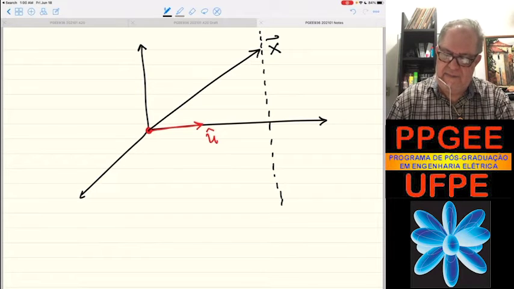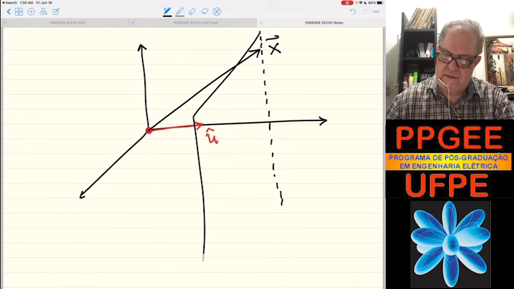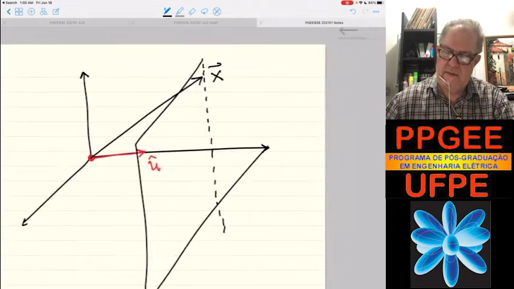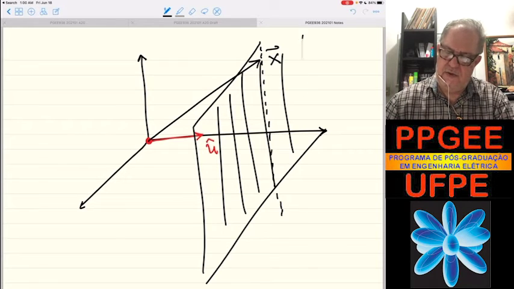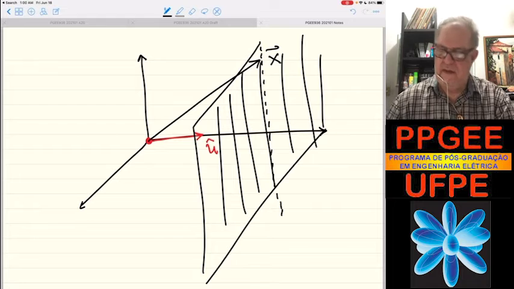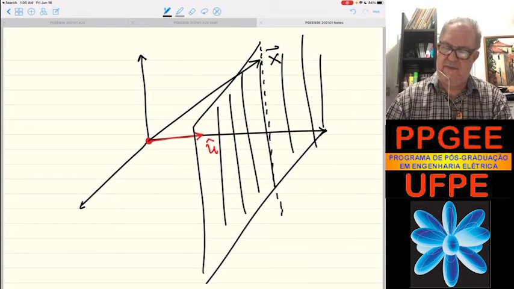Well, all the points on a plane that's orthogonal to u. Maybe this is not a good drawing. Let me make a new one. It's better to make a 3D plot.